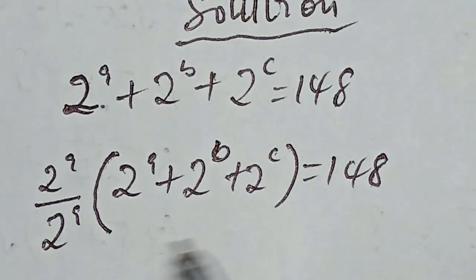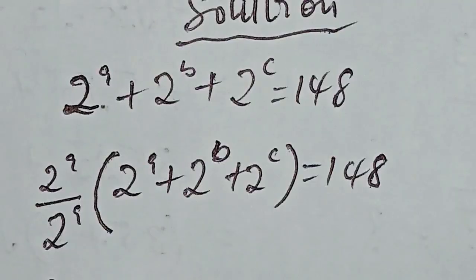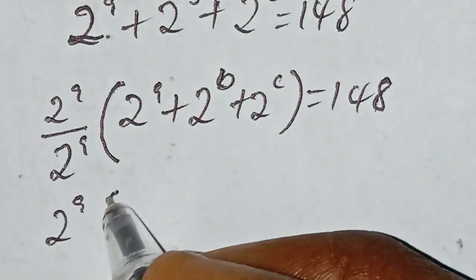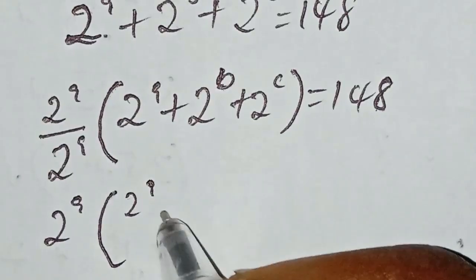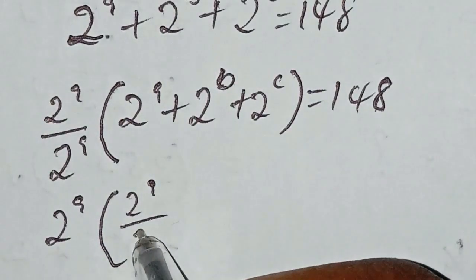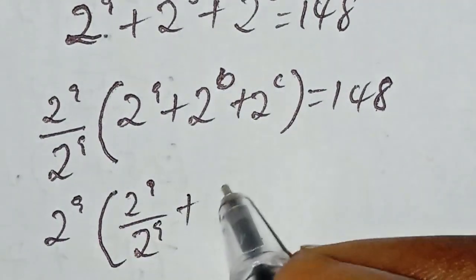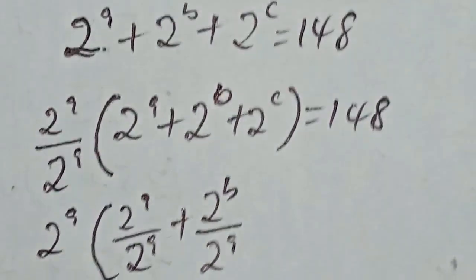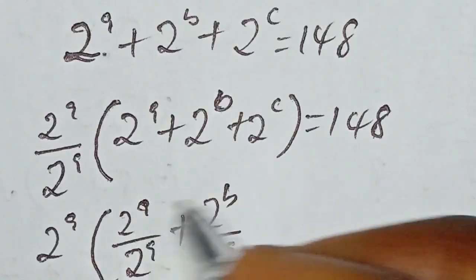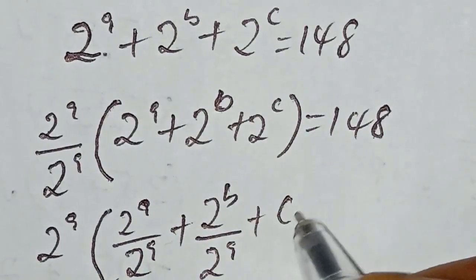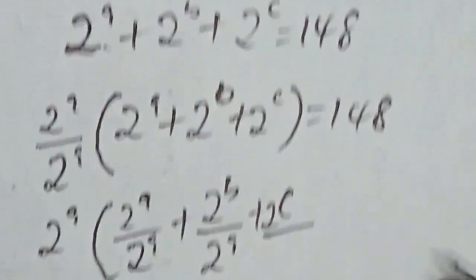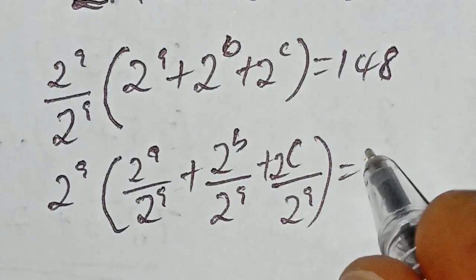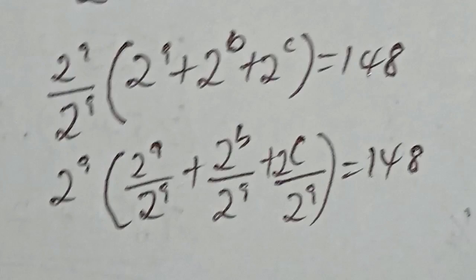Now we can rewrite this as 2 to the power of a into brackets 2 to the power of a over 2 to the power of a plus 2 to the power of b over 2 to the power of a, then plus 2 to the power of c over 2 to the power of a, all equal to 148.